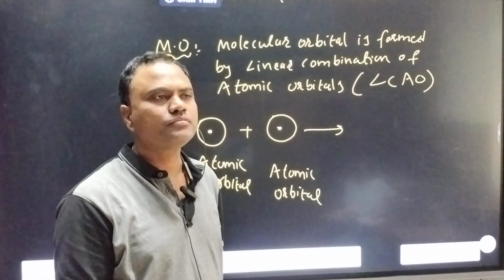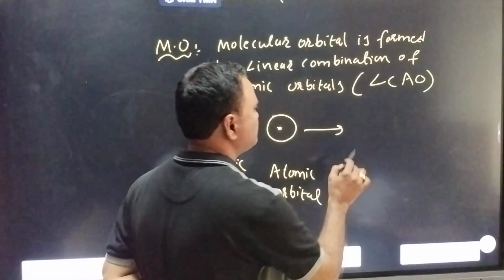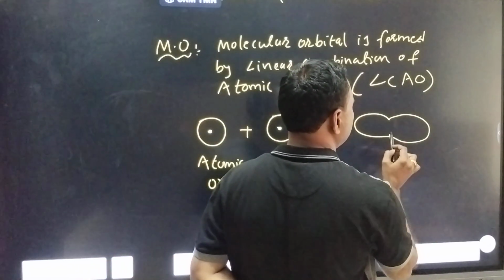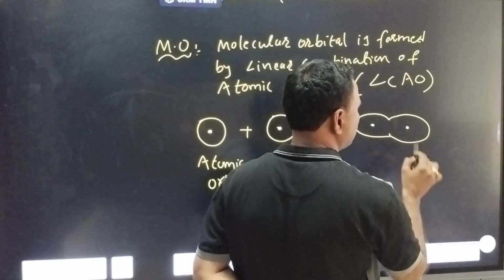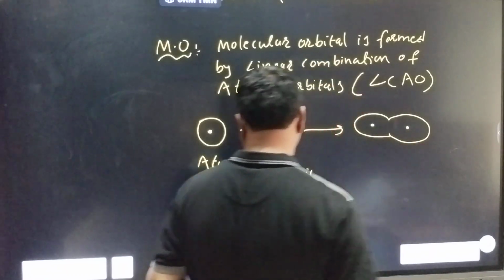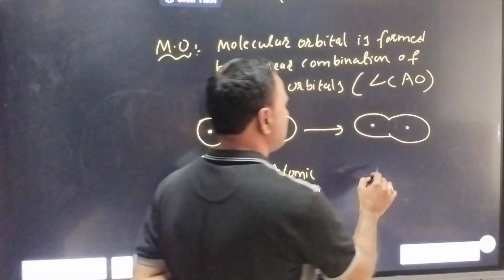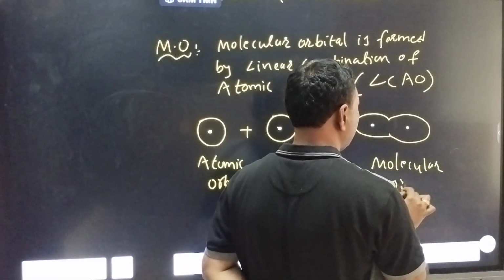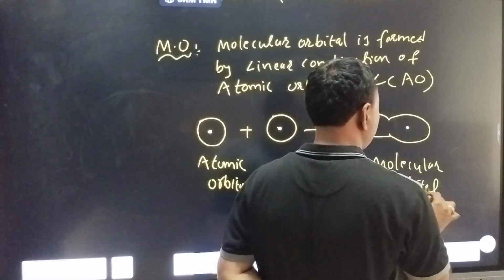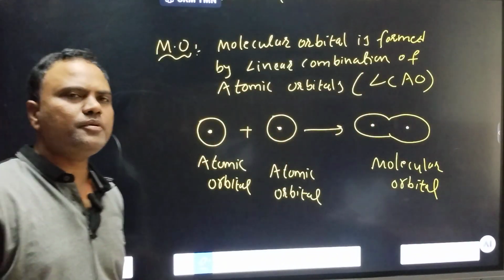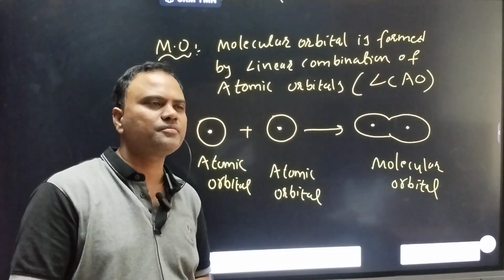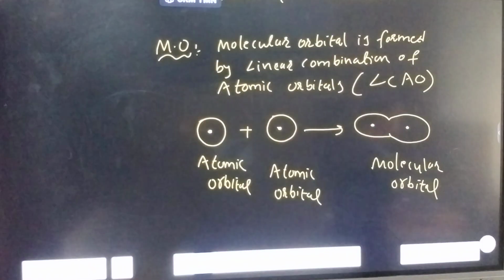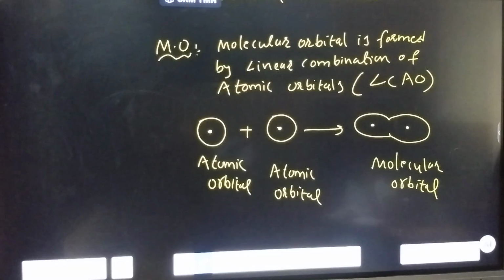Nucleus. This is molecular orbital. Atomic orbitals are monocentric. Monocentric means they have only one center. What about molecular orbital? Molecular orbital is dicentric or polycentric.